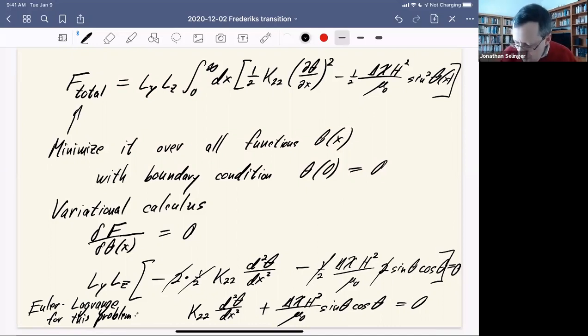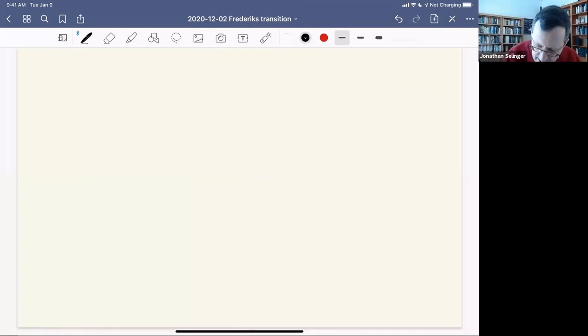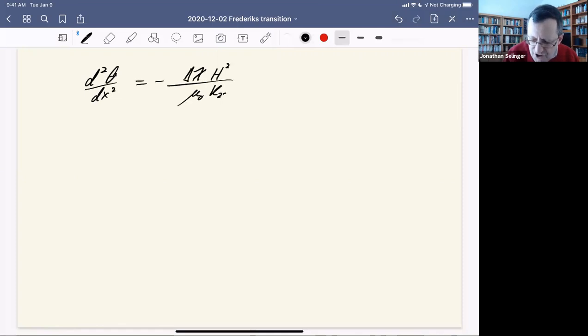A standard way to simplify this is to divide through by the coefficient k22, and then we would get the equation in the form of the second derivative of theta is negative delta chi h squared over mu naught k22 sine theta cosine theta.